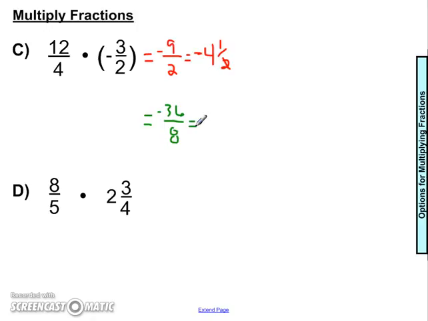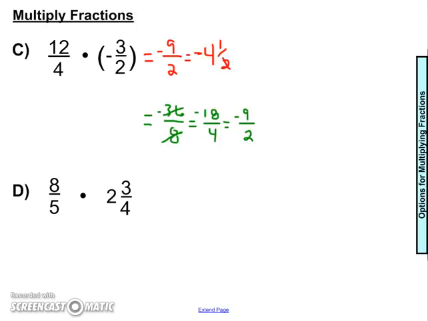All right, but if I then start to reduce my fractions, 8 and 36 both divide by 2, so that leaves me 4 and 18. But those also divide by 2, leaving me 9 and 2, and you'll notice I'm once again back to where I was. Again, this is negative, and this could be changed to a negative 4.5.